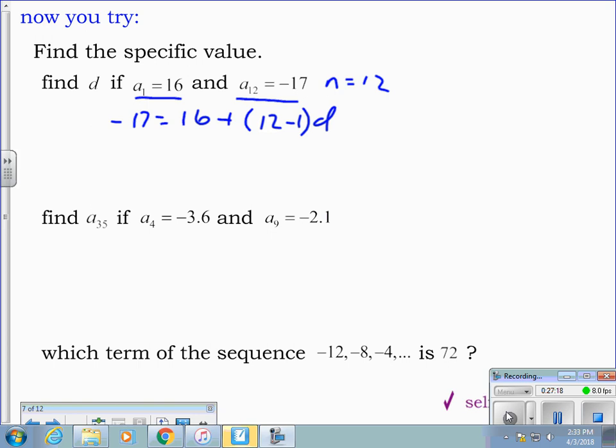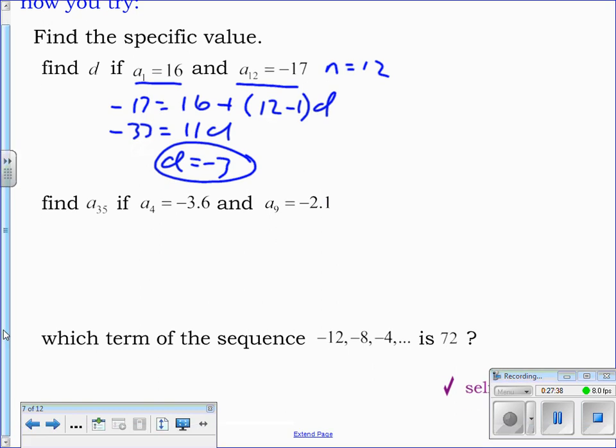Subtract 16 from both sides, negative 33 equals 11d. Divide by 11, d equals negative 3. Okay. Once again, I said skip the middle one. We will come back on that one and find an easier way to do that.